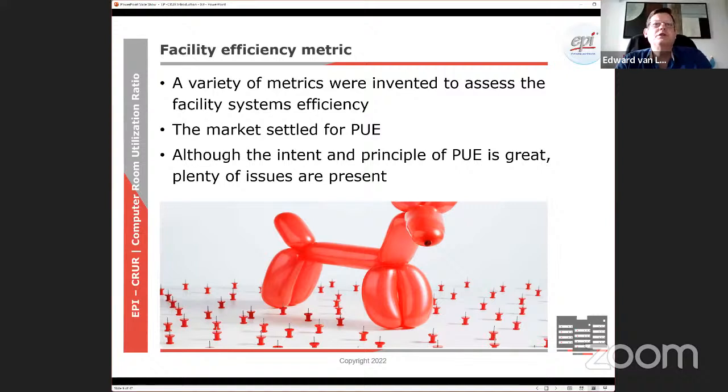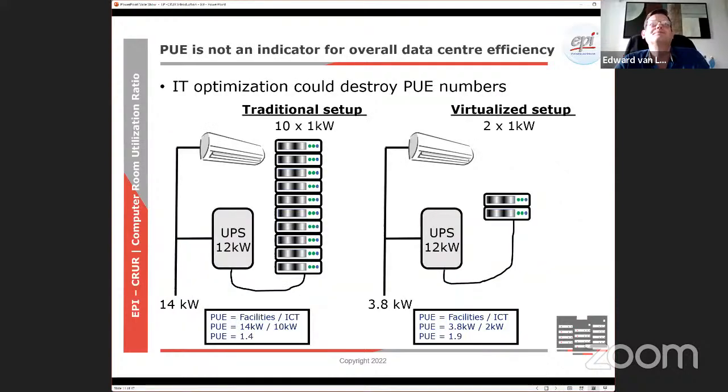However, the bad news is that PUE, although very simplistic, is also often used and abused in various ways, because there are a variety of ways that you can fudge the numbers a little bit, by measuring it at different points, measuring it over different time periods, etc. So although PUE is a very good measure, definitely something that we recommend to start with, there are some pitfalls that you need to be aware of.